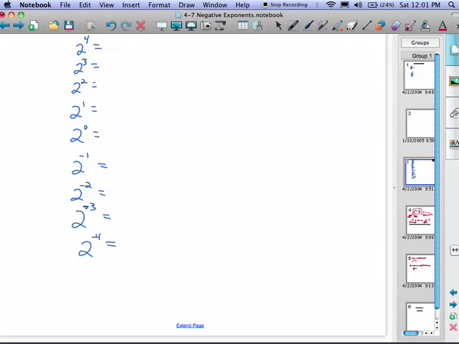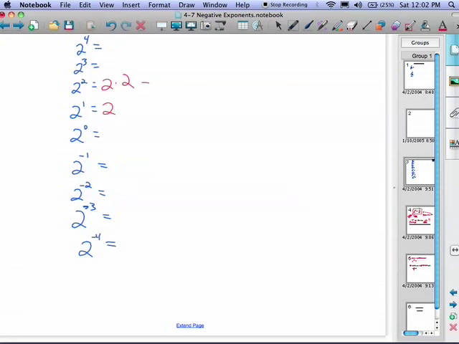But first, I want to look at exponents with 2's and get into some 2 to the negative exponents. I want you to see mathematically what actually happens in this case. So I'm going to start with 2 to the first power. That's the easy one. That's just 2. 2 to the second power is 2 times 2.